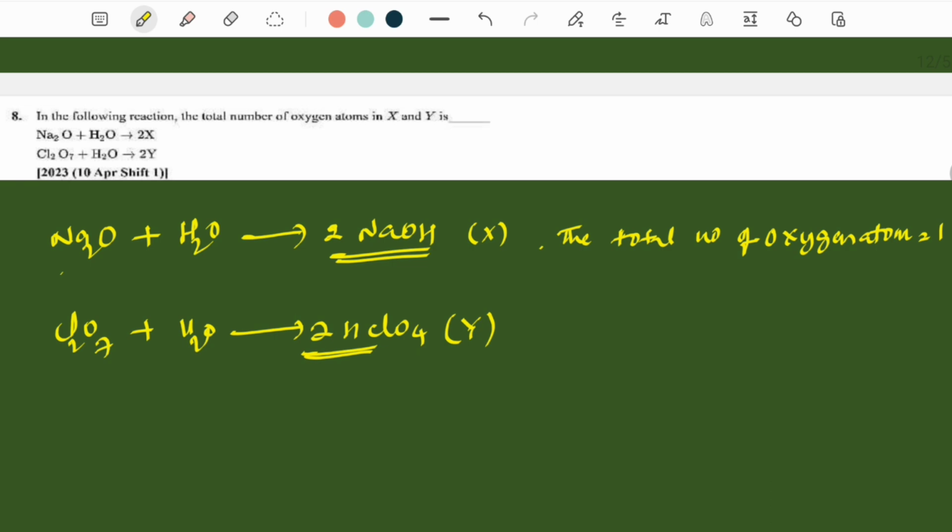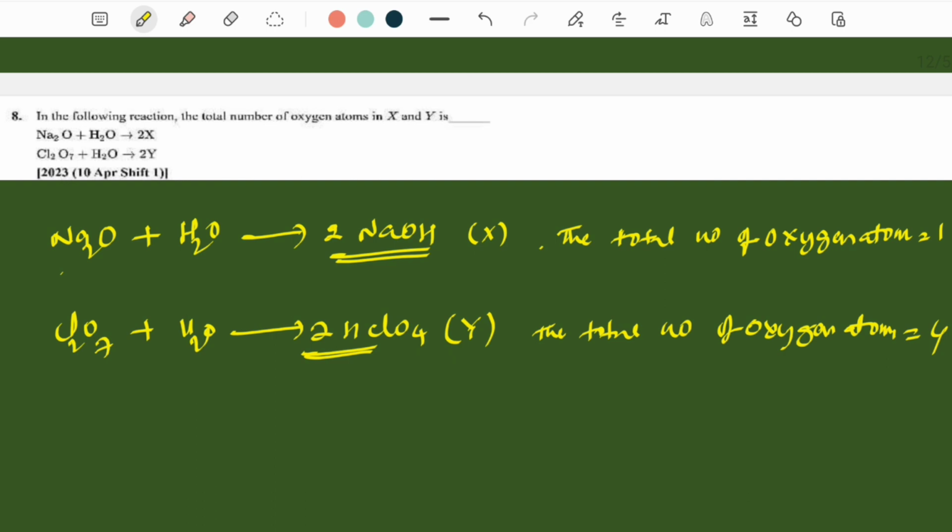So the total number of oxygen atoms present is equal to 4.